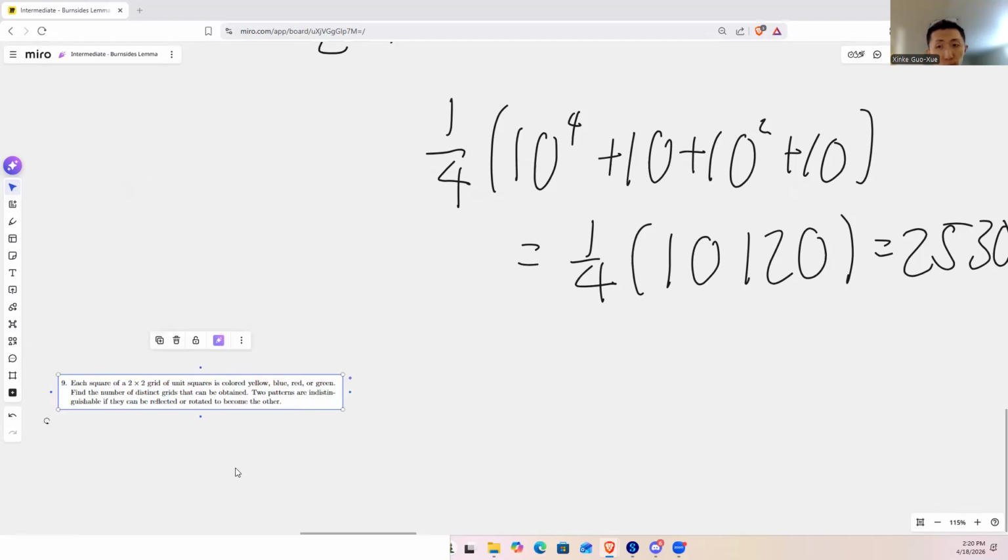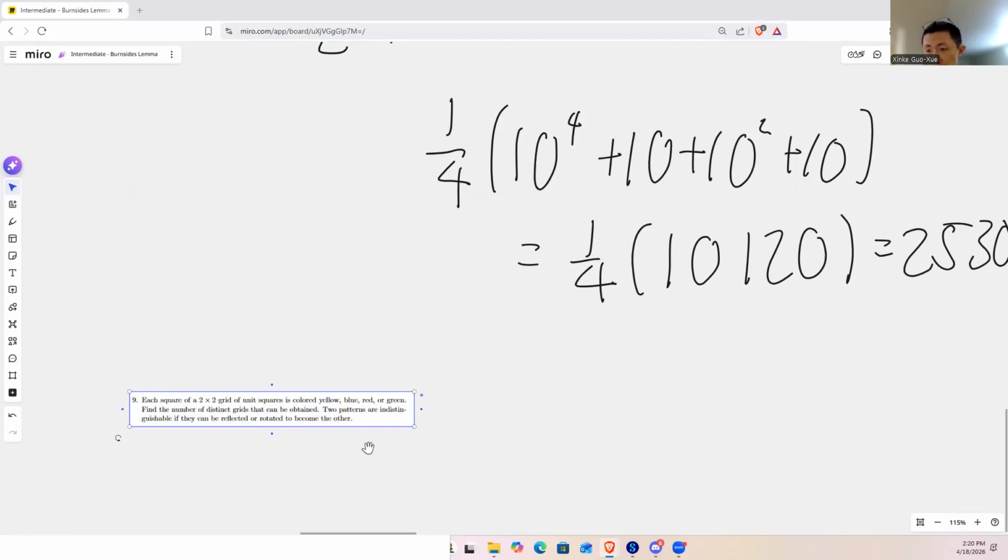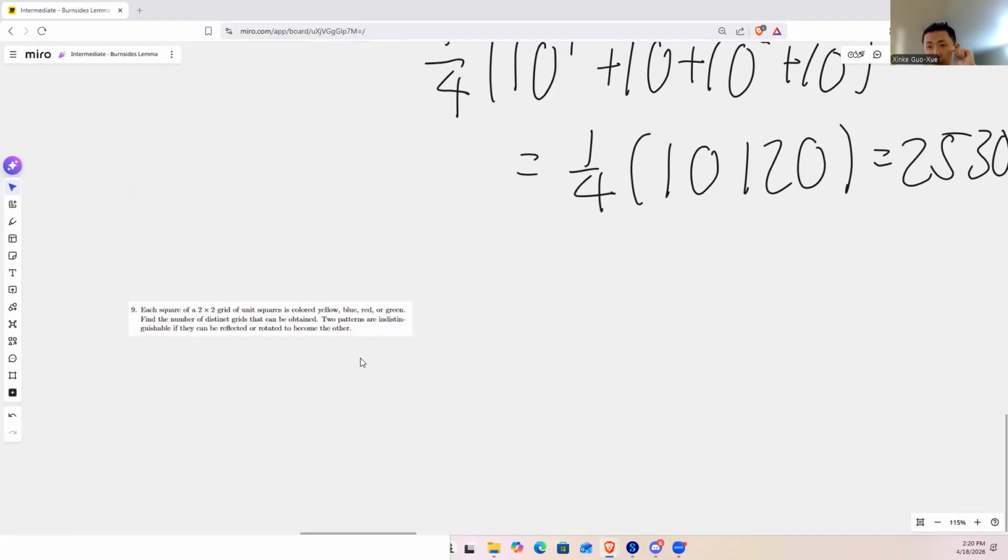If we have four different colors, okay. Another is that we have three colors. So we have like two of one color, one of another, and one of another.